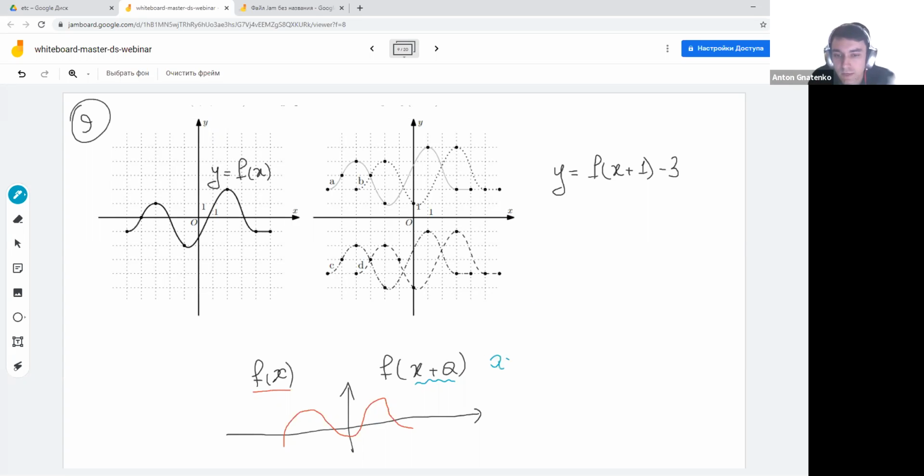If a was greater than 0, then it will move left by a. So it will go something like that. I'm maybe not very good at drawing, but the idea is that your graph has shifted to the left by a. If a is smaller than 0, if a is negative, then it moves to the right. Okay.